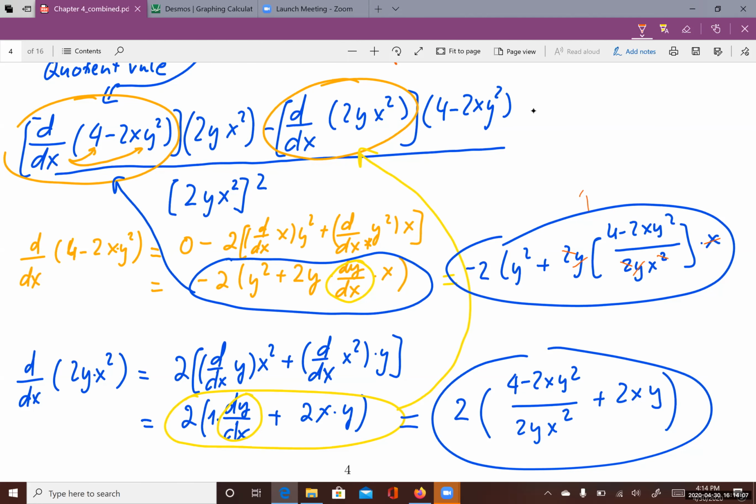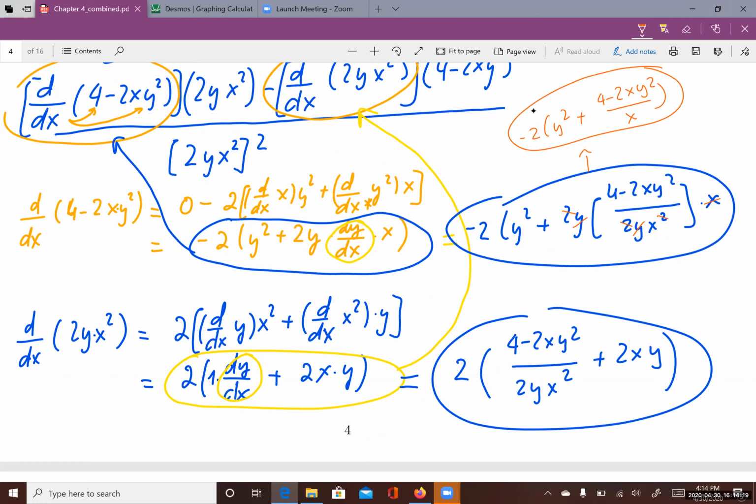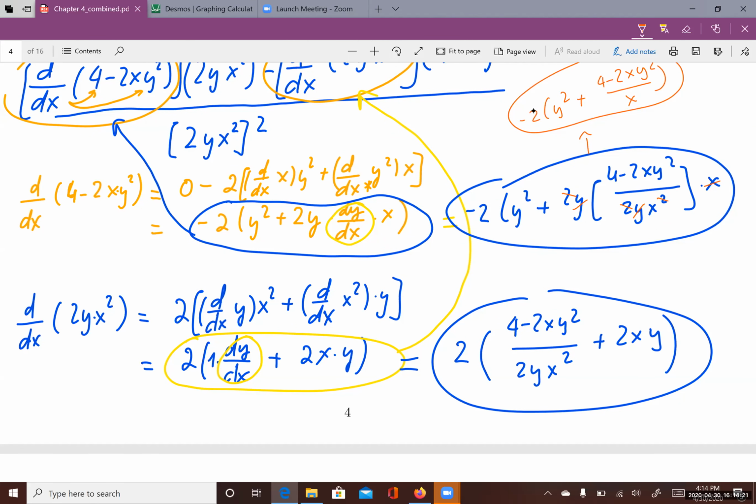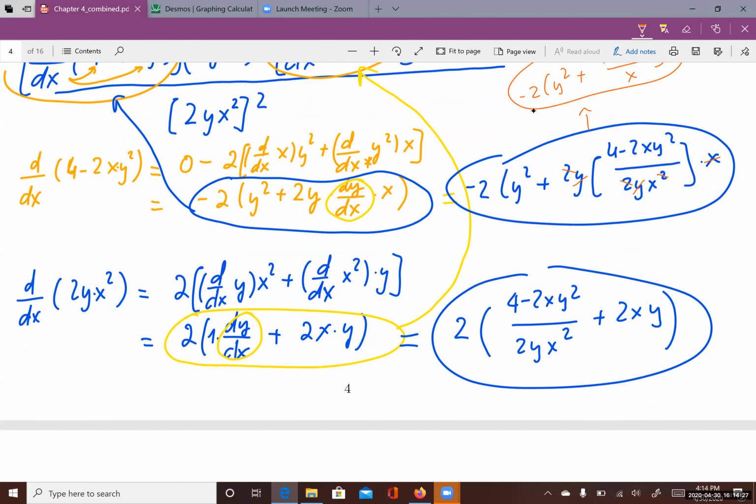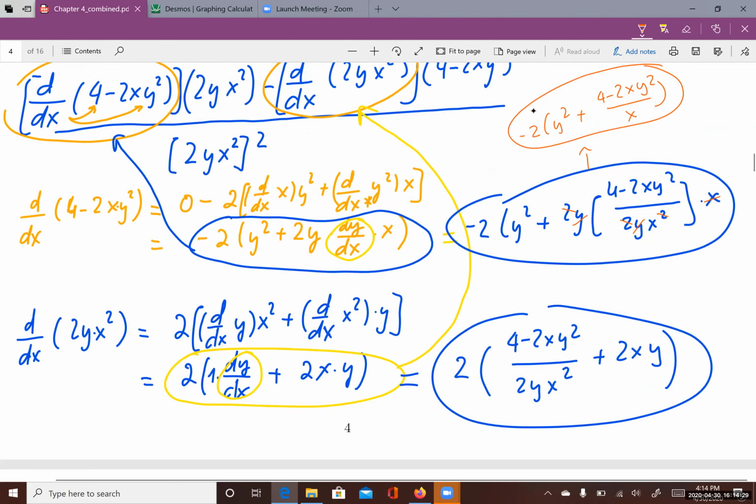So this is going to be just negative 2y squared plus 4 minus 2xy squared divided by x as the result of the simplifications. Look at these terms here. Doesn't seem like we can cancel anything out, right? So we'll just keep it like that.